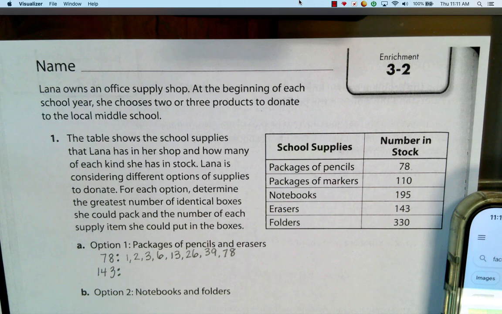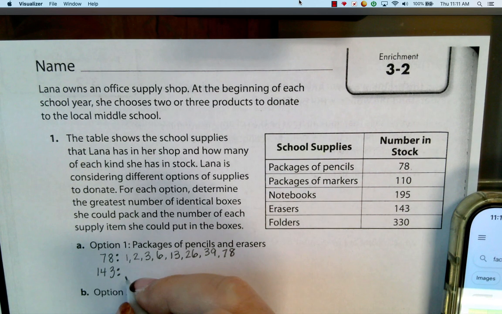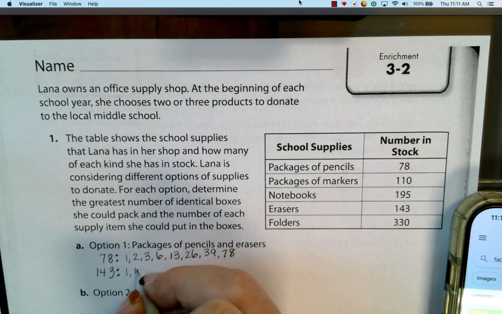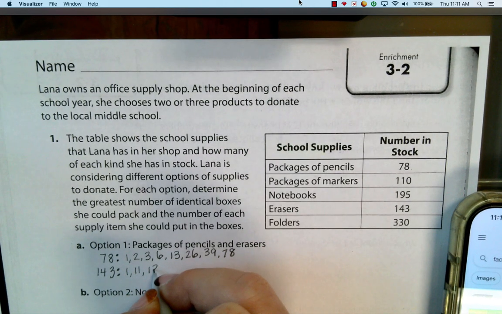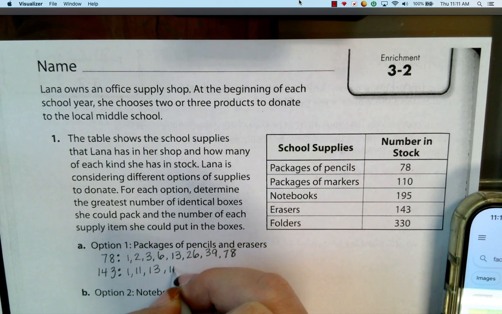Okay. Then I come over here and I do the factors of 143. And they don't have that many. It has 1, 11, 13, and 143.